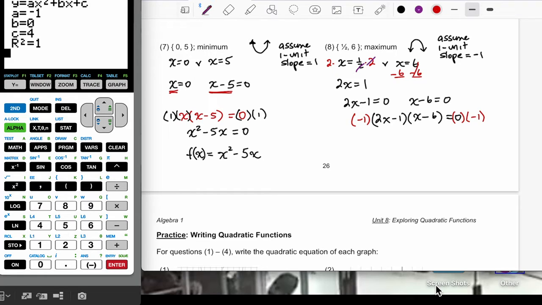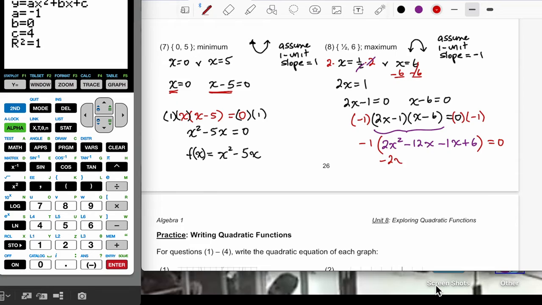All right. So I'm going to distribute 2x squared minus 12x minus 1x plus 6, all multiplied by negative 1, equal to 0. I could distribute now, but I could also combine like terms first. It really doesn't make a difference. You do it in either order. I'll distribute now.